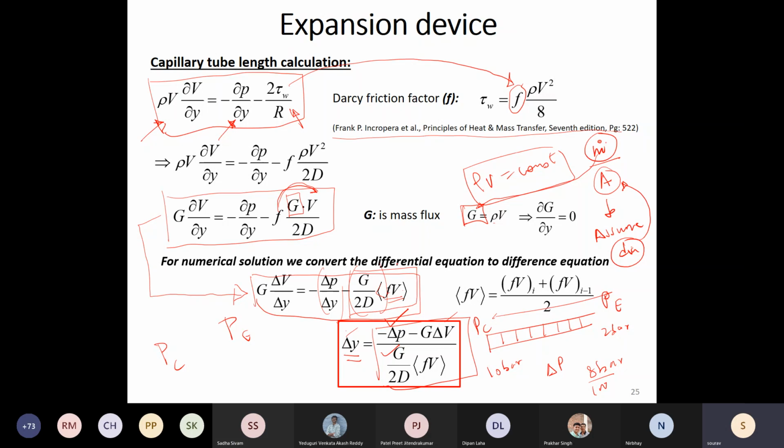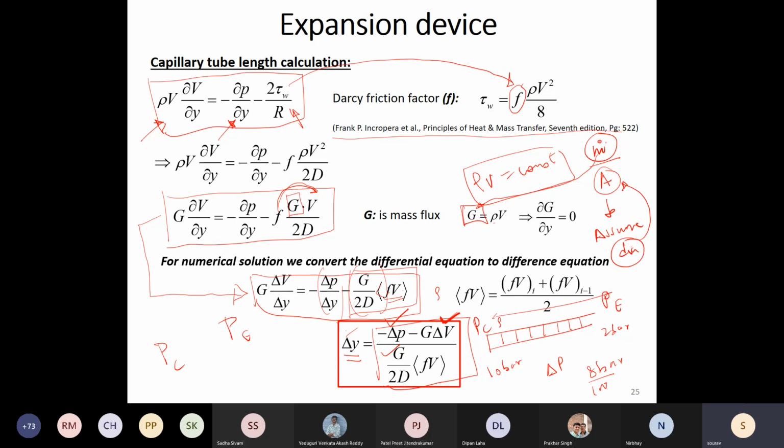So ultimately this delta V, you should see it as the density being unknown. Because if you are able to find out the density at the next node, you can get the velocity also, because G is equal to rho into V. G is constant. So at any given node, I need to know what is the density.